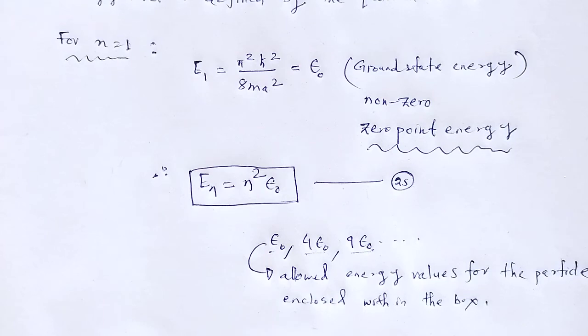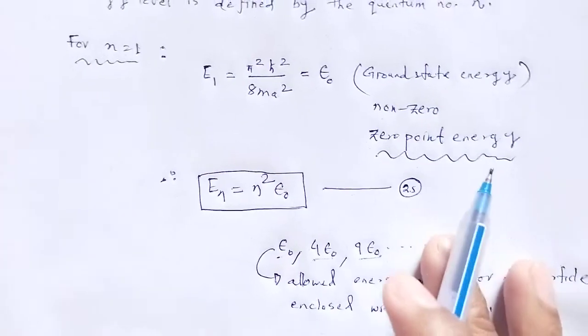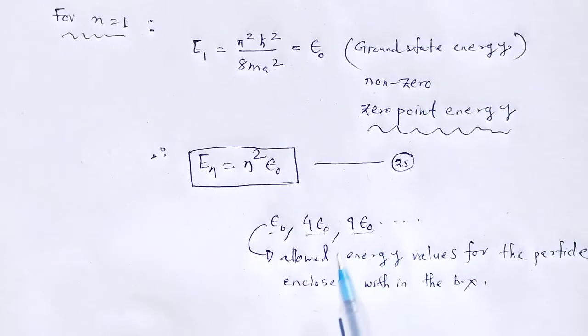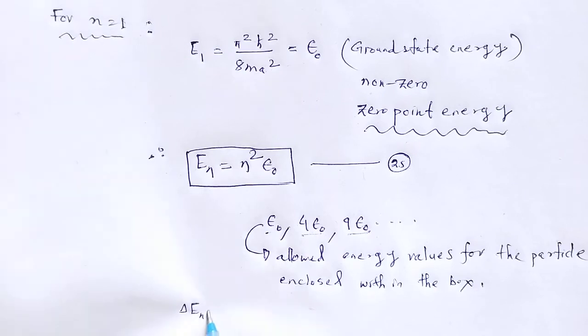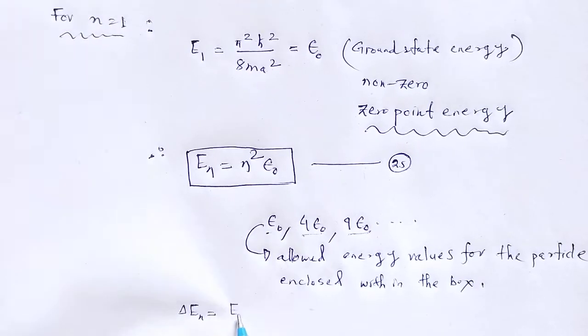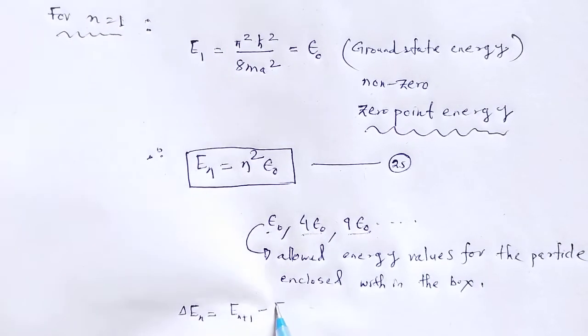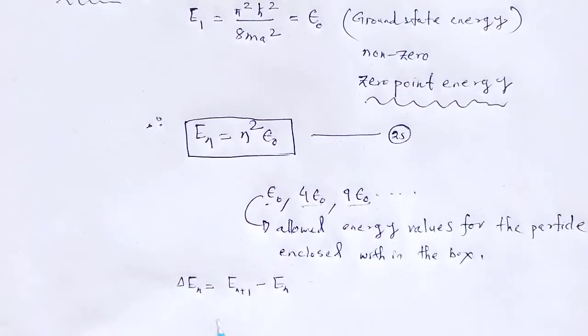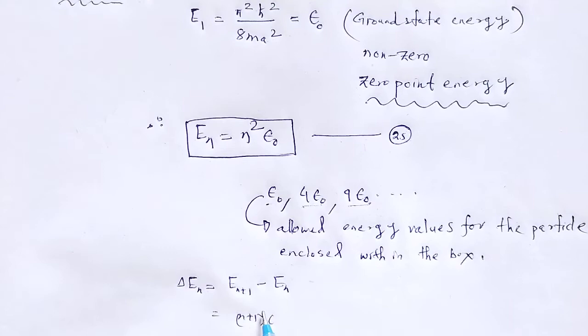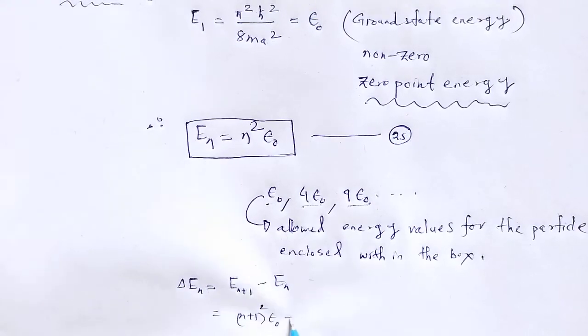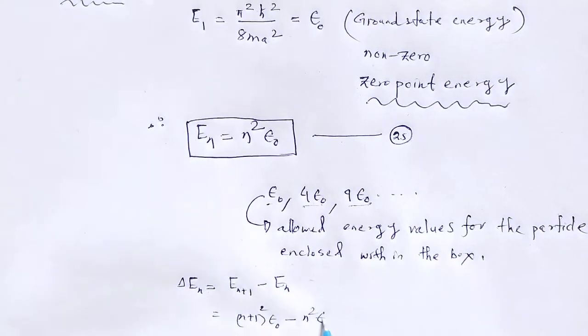Now, what is the space between two adjacent energy levels? Let us take del En, that is the n plus 1 state minus the n state energy level. That is n plus 1 square epsilon naught minus n square epsilon naught.